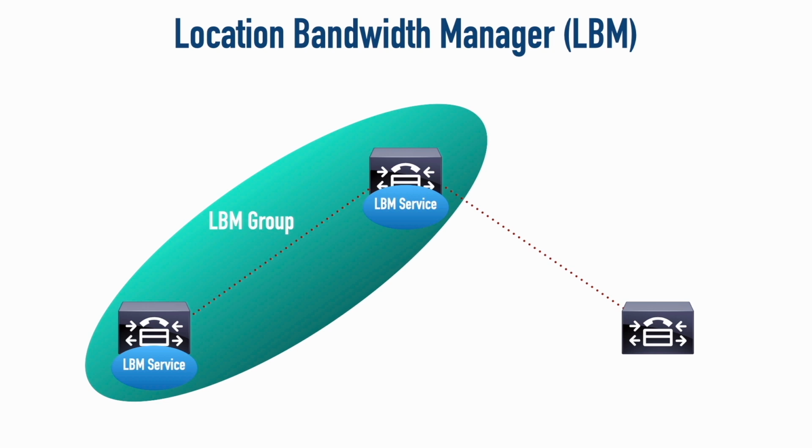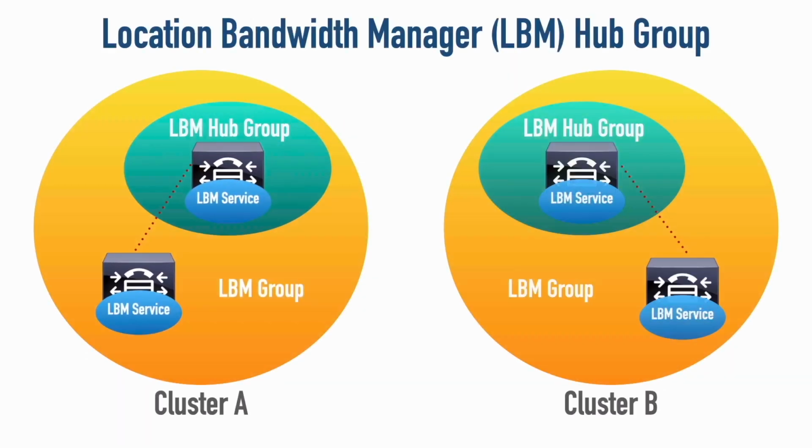And speaking of clusters, what we've been considering is within a cluster, what if we're trying to do locations-based CAC between clusters? Well, we can continue to use enhanced locations. Check this out. Let's say we've got 2 clusters, cluster A, cluster B, and we've got our Communication Manager servers running that LBM service. But in addition to those servers belonging to an LBM group, we can have 1 or more servers belonging to an LBM hub group.